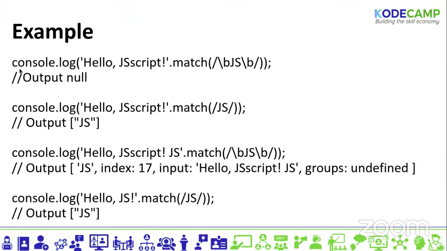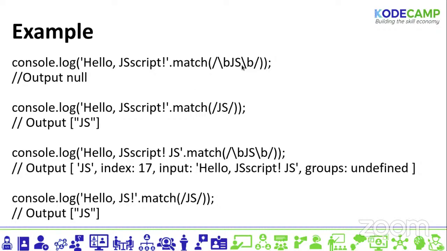So if we check, maybe we put in hello JS script, and then we say we are matching where the word boundary starts before J and ends after S. So we'll see a null. Why is it null?